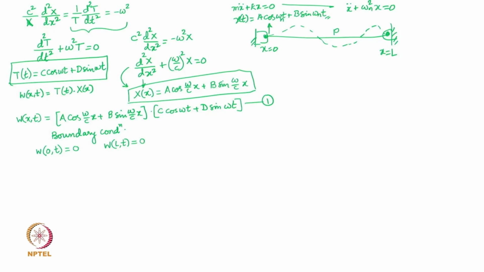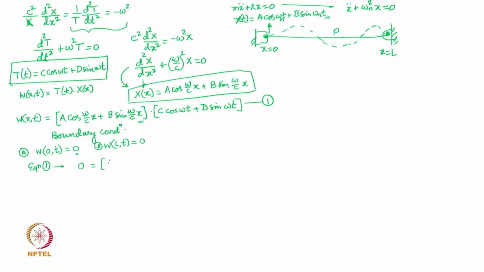Okay, now let's substitute the first boundary condition here. If you look at the first boundary condition, equation 1 becomes 0, because w at x equal to 0 is going to be 0. So this is our response at all times, and on the right side, when you substitute x equal to 0, this particular term is going to be 0.